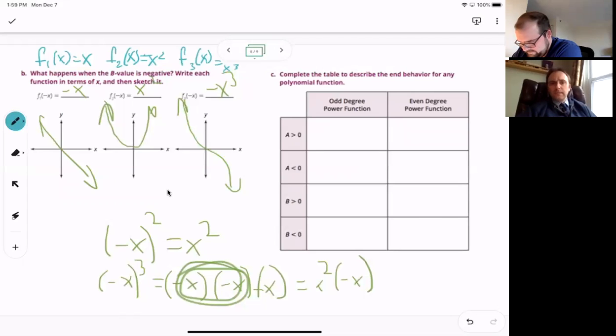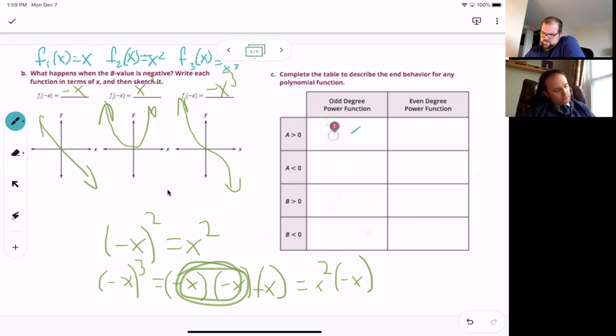So we're supposed to complete the table. So if a is greater than 0, we're supposed to say as x goes to, do I have to write all of that? I don't want to. Can I just write positive, I mean negative, positive? Or could we draw instead? That's fine.